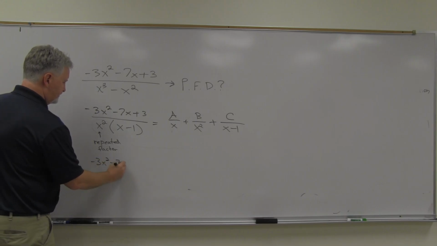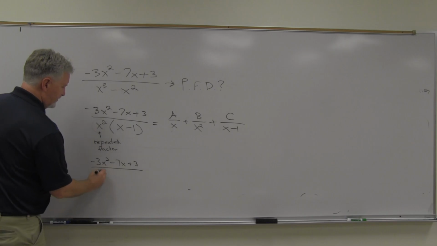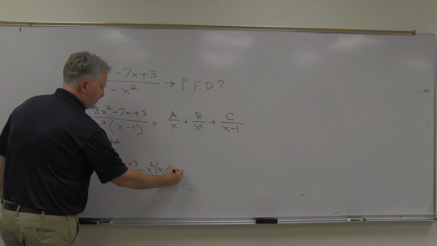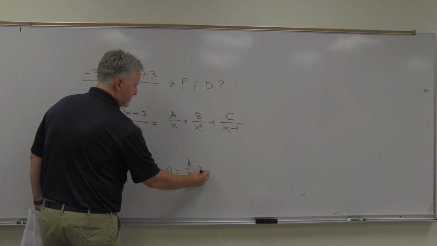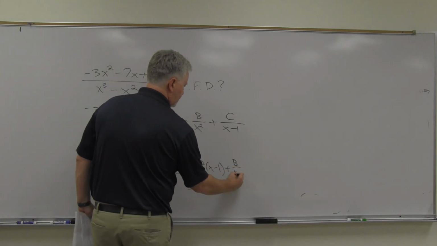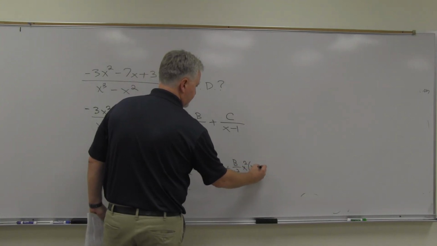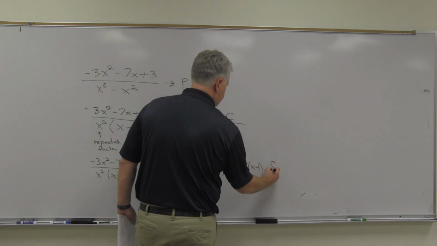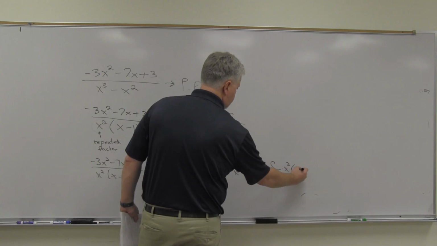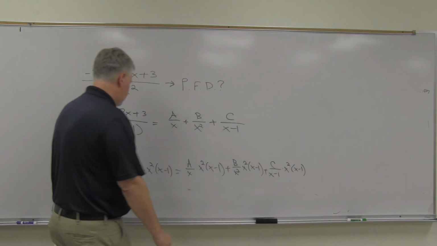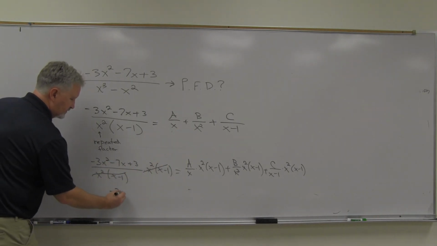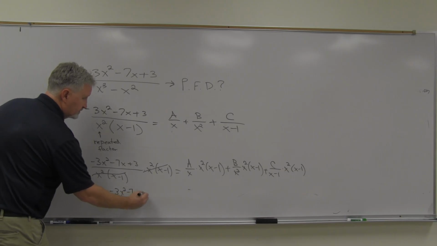All right, so let's multiply everything by x squared times x minus 1, all the way across. A over x times x squared times x minus 1, B over x squared times x squared, x minus 1, and C over x minus 1 times x squared, x minus 1. Cancel out stuff, so all that cancels out, so I have negative 3x squared minus 7x plus 3.